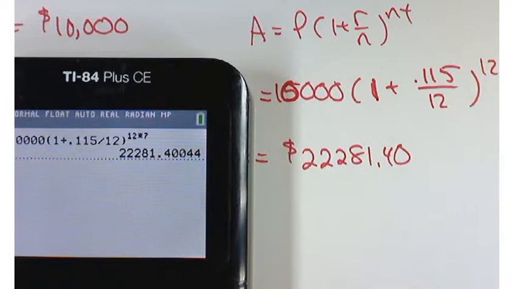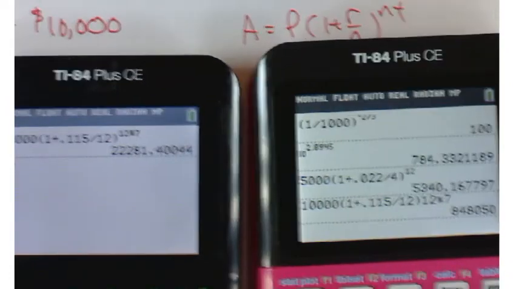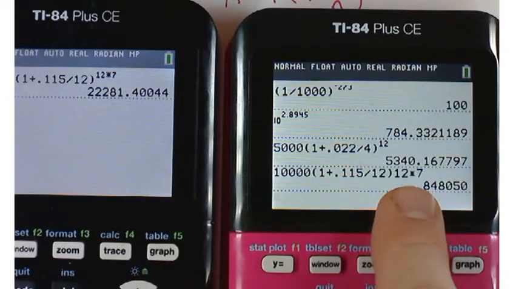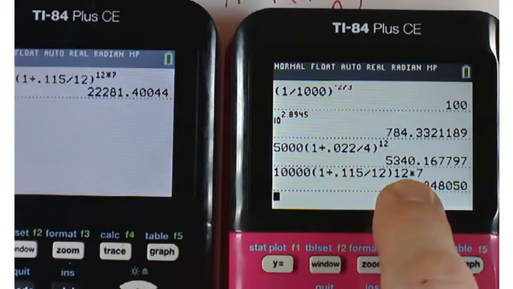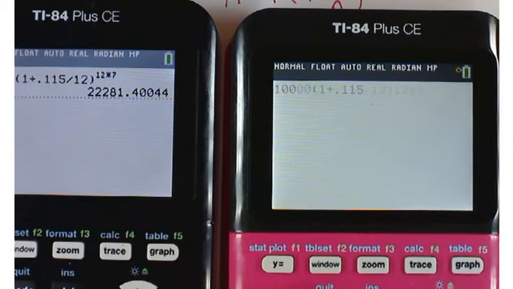Yes? You want to show me what you got? Oh, okay. So the difference in yours and mine is that 12 times 7 is not in the exponent. So let's go back and re-edit that one.